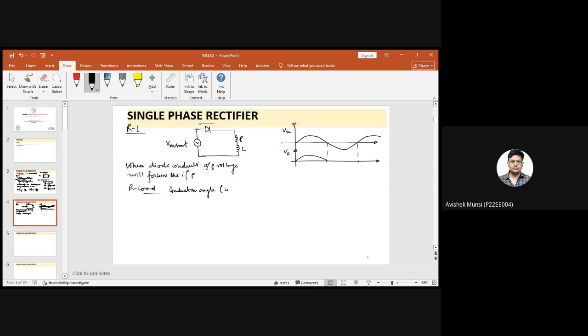So conduction angle pi, and extinction angle is also pi. Now for L load, we found that beta is 2 pi. So what will be beta for RL load? It will be between pi and 2 pi, right?